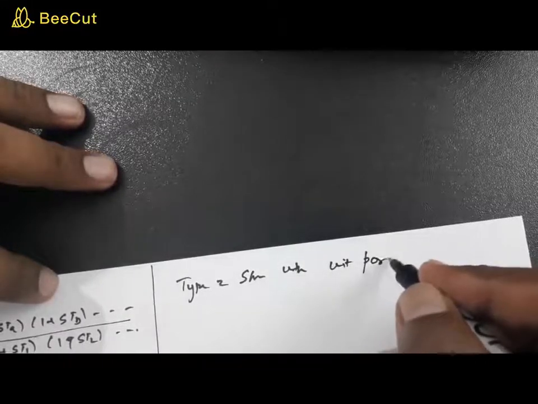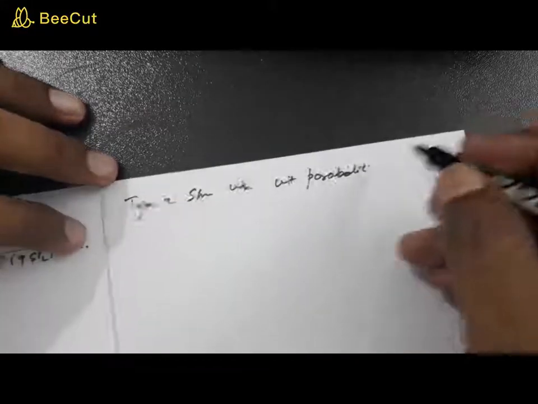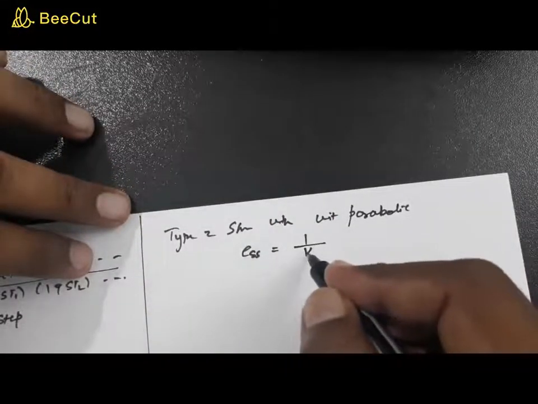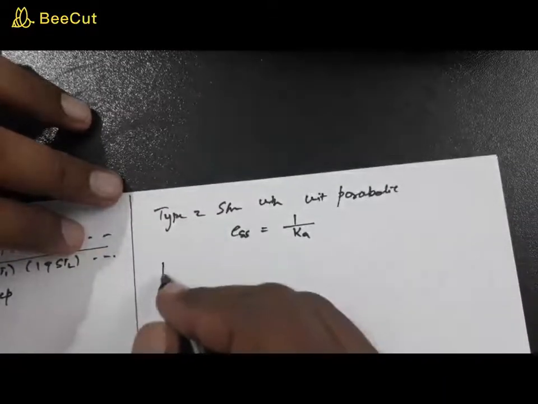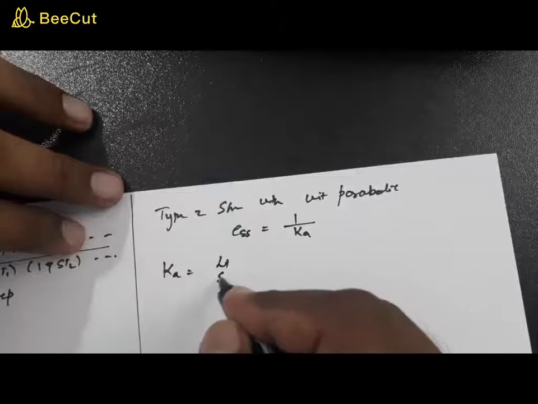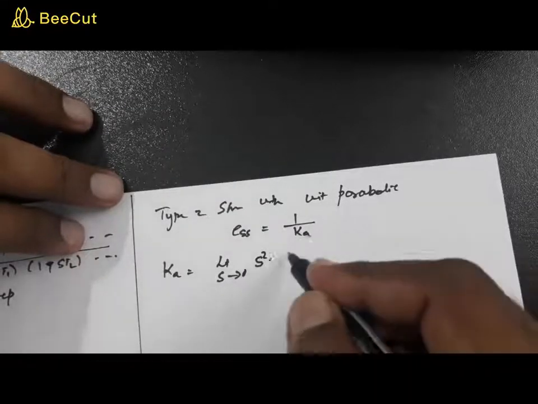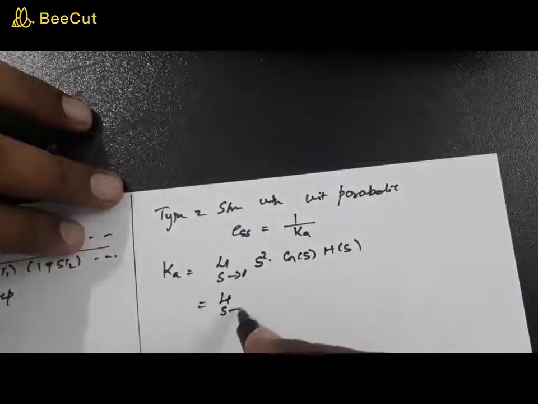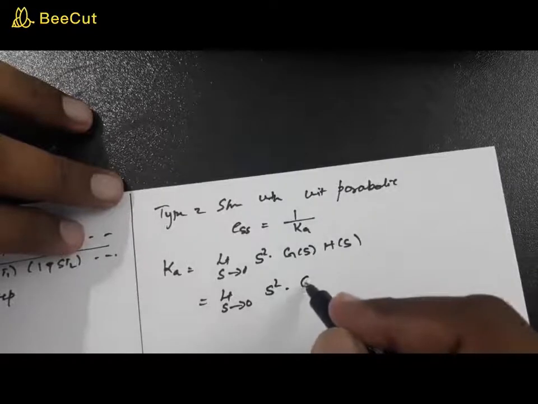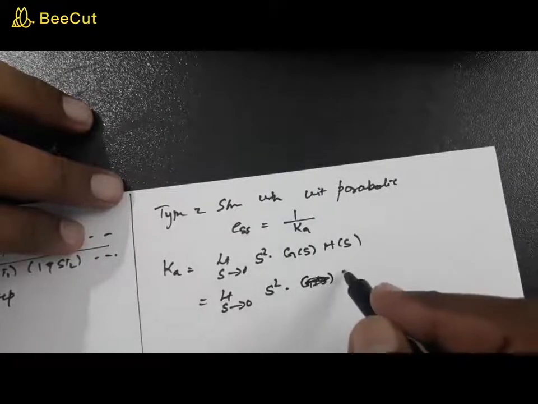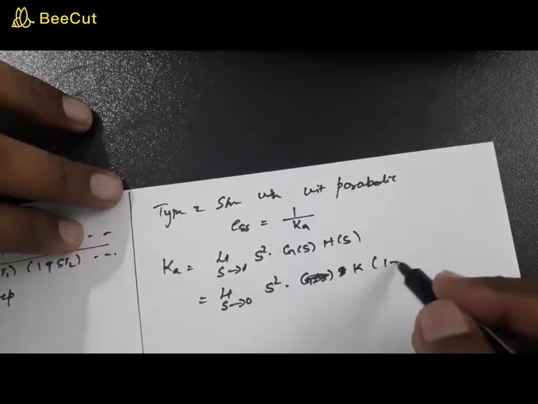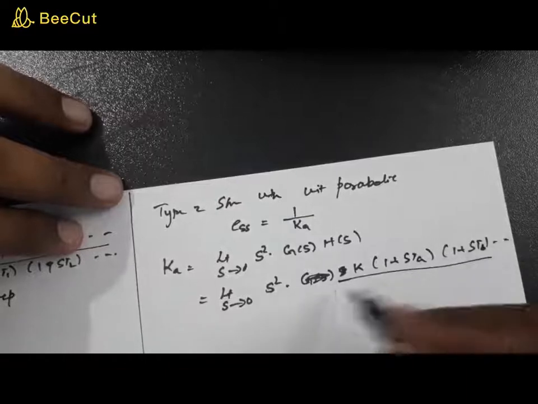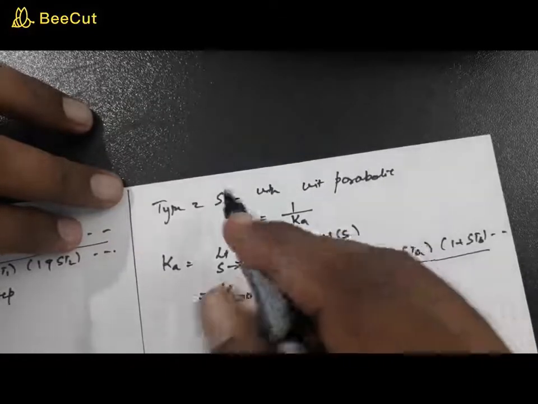Now considering the type 2 system with unit parabolic input, we have seen the steady state error to be equal to 1/Ka, which is the acceleration error coefficient. Ka is given by limit s tends to 0 of s^2 G(s)H(s). So this is equal to limit s tends to 0 of s^2 times K(1+sT_A)(1+sT_B), etc., divided by s^2(1+sT1)(1+sT2), etc. Why s square? Because it's a type 2 system.